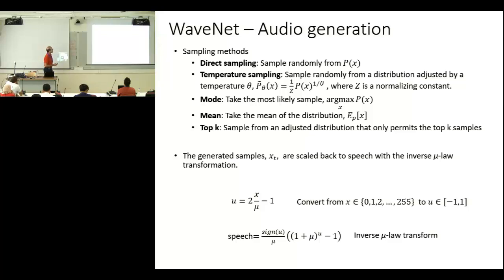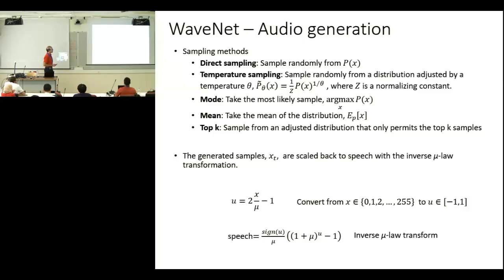The sampling methods that have been proposed are direct sampling, which just samples from this probability distribution, temperature sampling, mode sampling, which takes as a sample the maximum of the values, mean sampling, which takes the mean of the distribution, top-K sampling, and so on.